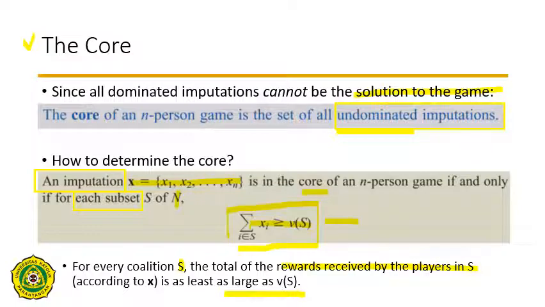Well, if this is not the case, then you may find some players who may say, let's form a coalition S, and then it will dominate the imputation, like what we have talked about in the previous slides. So to be able to say that this imputation is undominated, the reward vector must satisfy this inequality. Otherwise, it will be dominated, and then it cannot be the solution to the game.